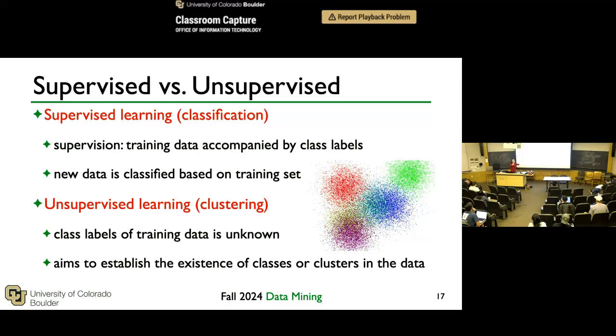You have this training process for you to build your model so you can test it somewhere else. With clustering, you're provided with the data, but there's no supervision, meaning that I'm just giving you the data, you do whatever. So you figure out whether there's some pattern in the data. The general idea is that I give you all this data, and you're trying to assign them, or identify whether there are some classes.